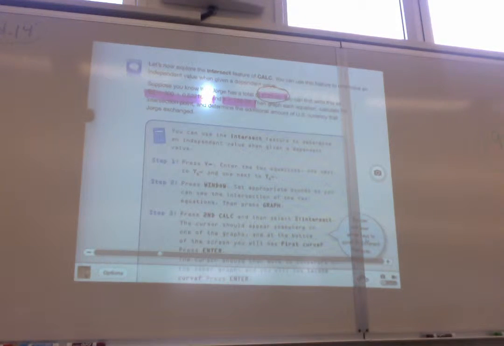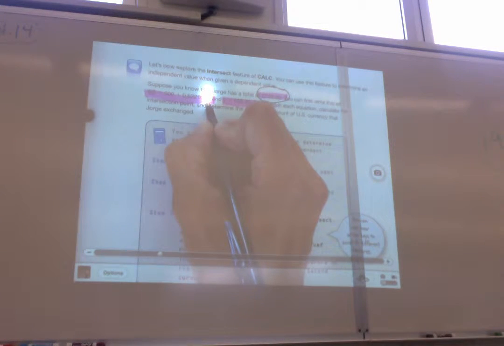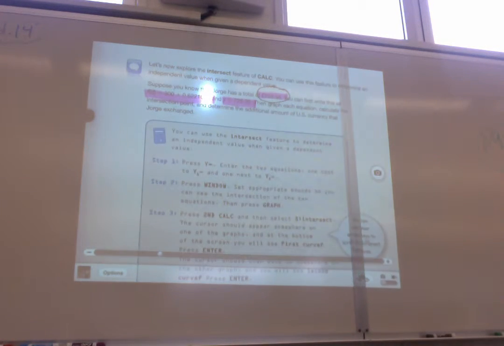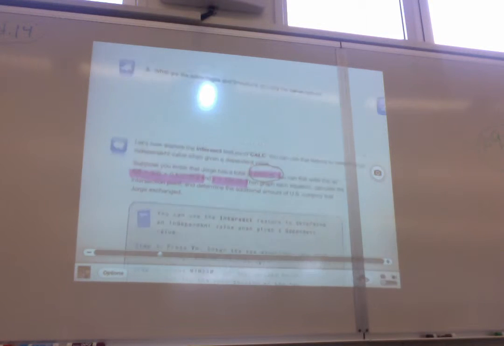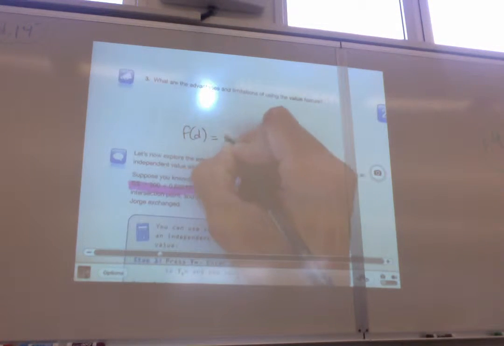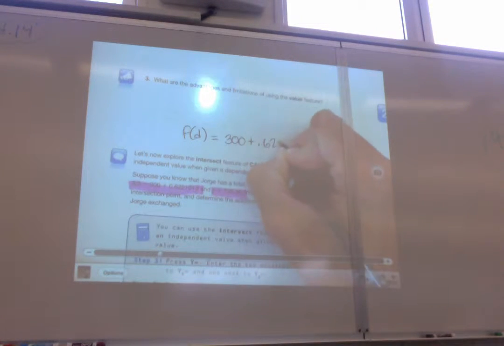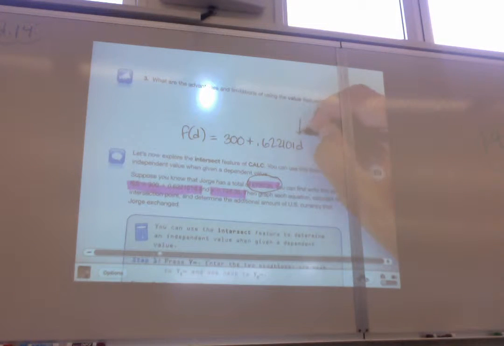What's important to understand in this function, and I'm going to write it bigger right here, f of d equals 300 plus 0.622101d, is d is dollars. Where's the pounds?